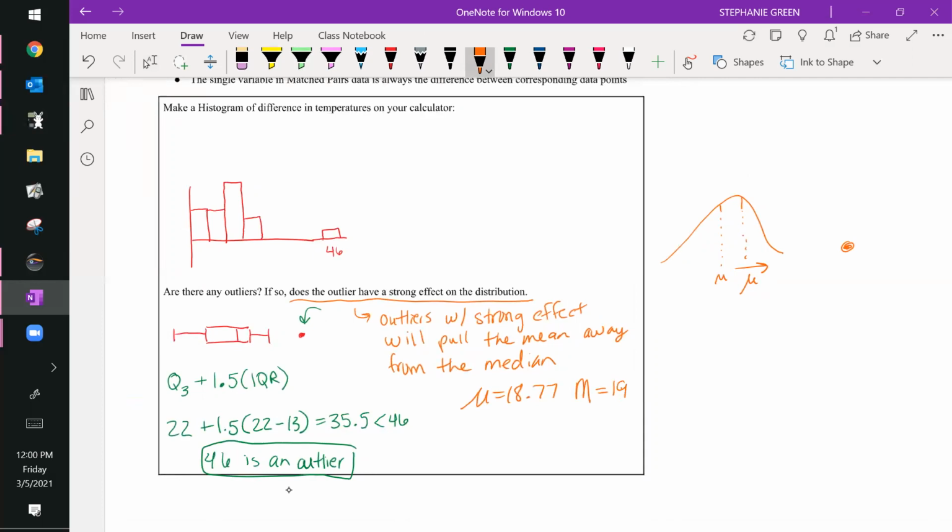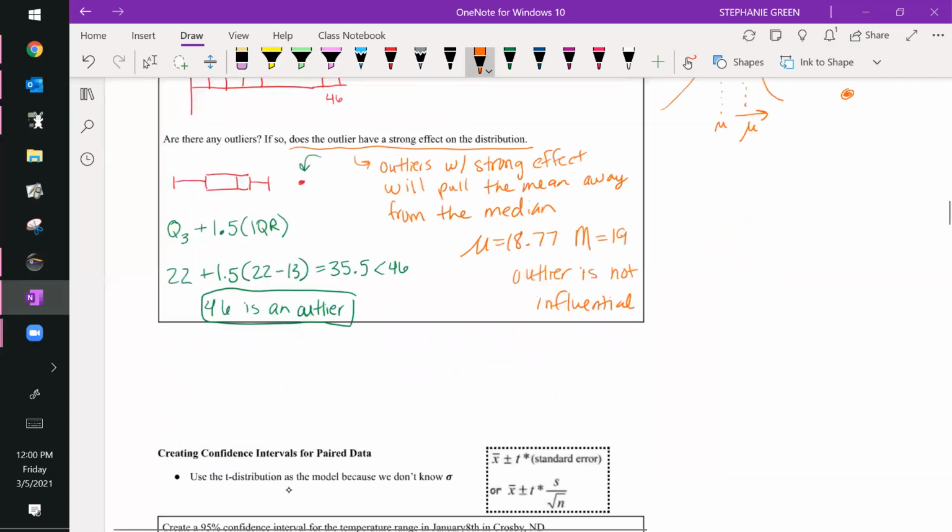So it looks like the mean is being pulled a little bit one way, but they are so close together that I would say this outlier is not very influential. So the outlier is not influential. That means we can go ahead and just ignore it and continue as normal.